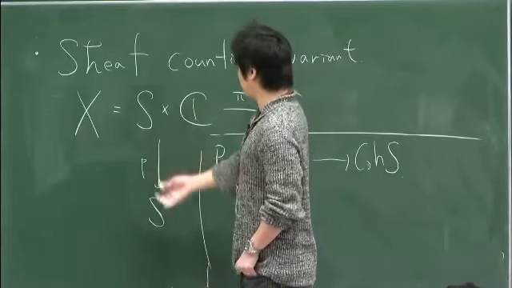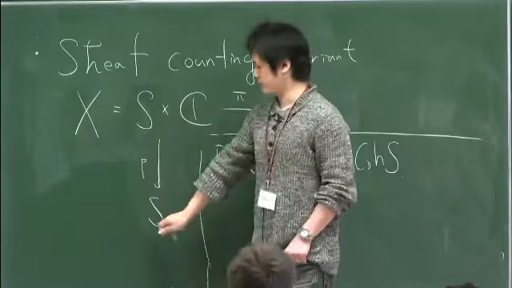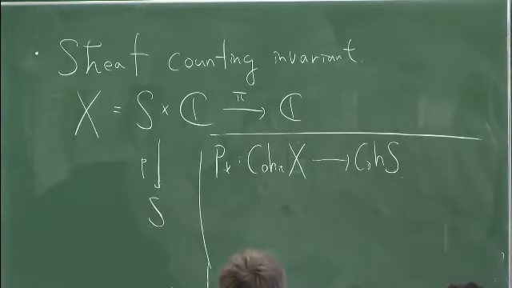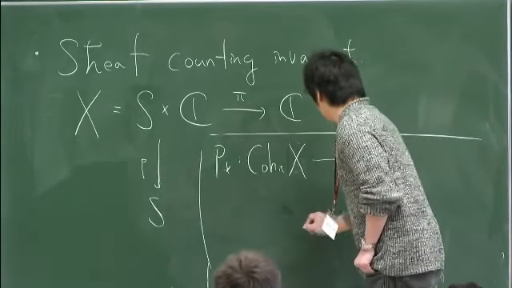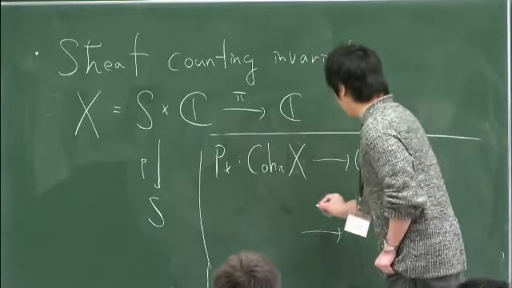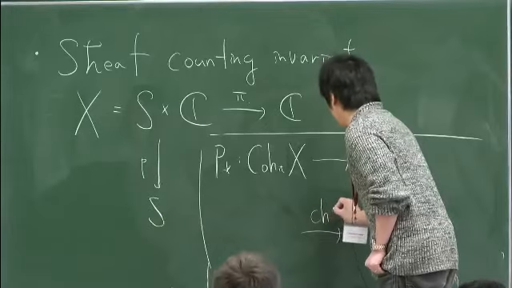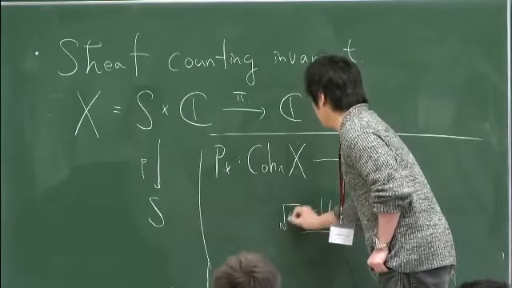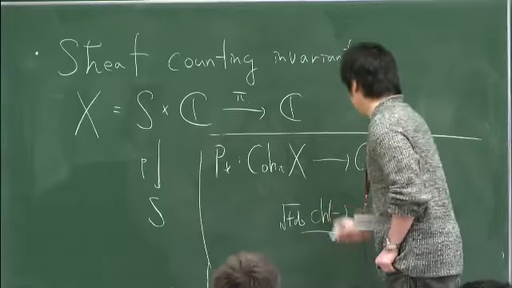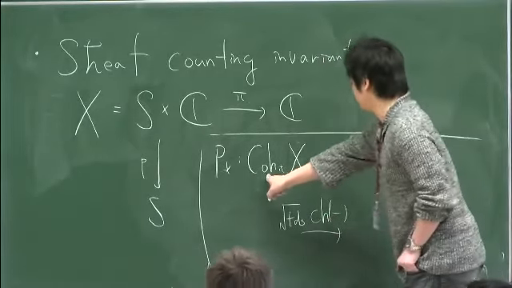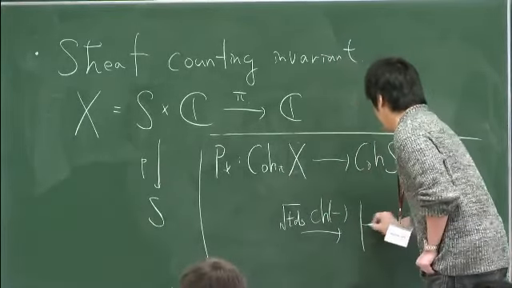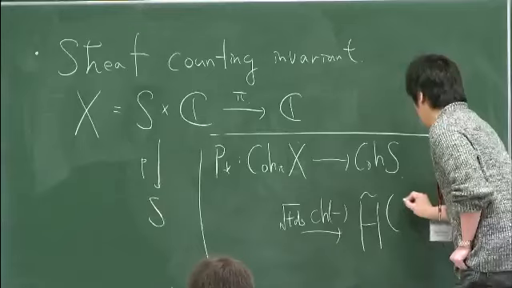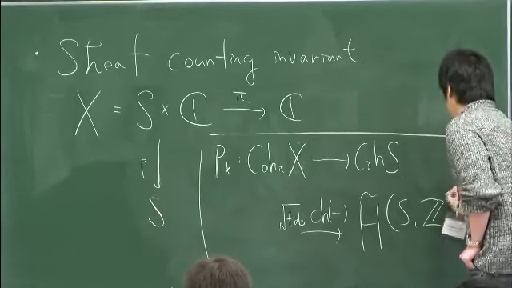So if you take push forward, then it gives a coherent sheaf on S. So this one is well defined, and also you can take the so-called Mukai vector, that is taking Chern character and multiplied by the square root of the Todd class of S. So this gives a map from this category to the so-called Mukai lattice.